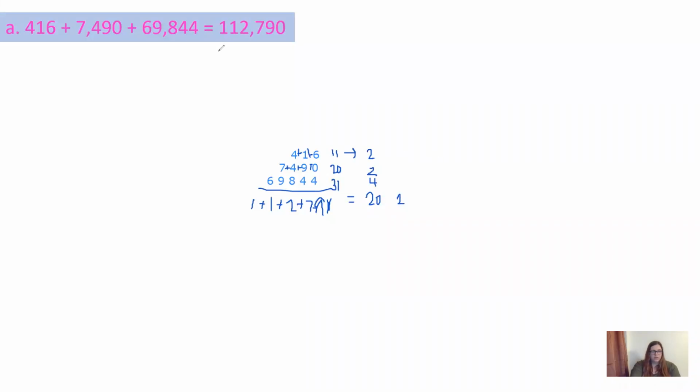So now we have 2 plus 2 plus 4 equals 8. And 2 and 8 does not match up. So we're going to say, no, this was not correct.